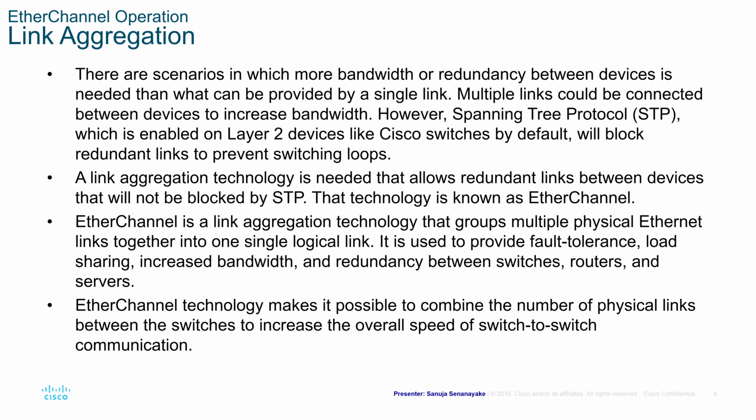Therefore, the EtherChannel method will allow you to create fault tolerance, load sharing, increased bandwidth, and redundancy between your intermediary devices. EtherChannel technology makes it possible to combine the number of physical links between the switches to increase the overall speed of switch-to-switch communication, because we are using more than one link between those switches.